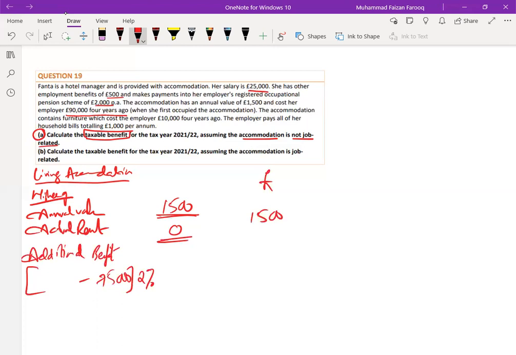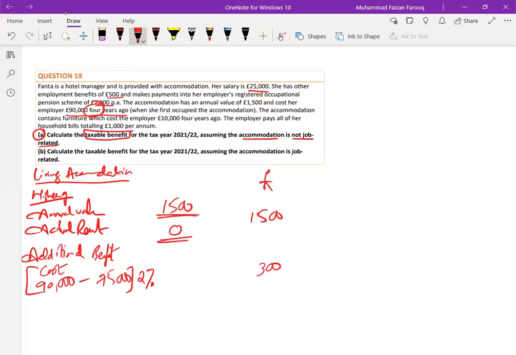Sometimes we take cost, sometimes we take market value. The rule is 6 years. Here it is only 4 years, means we take original cost. Cost means cost plus all previous improvements or capital expenses, before the 21-22 tax year. There are no capital expenses in this question. So the additional benefit is 90,000 minus 75,000 at 2%, which is 300.